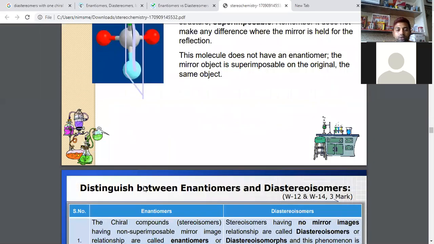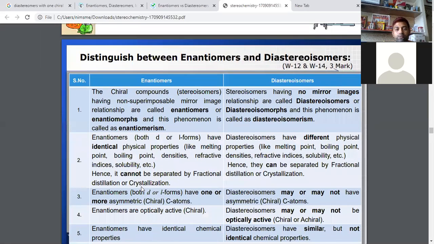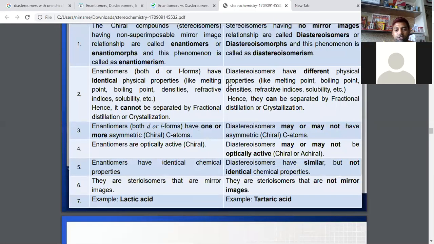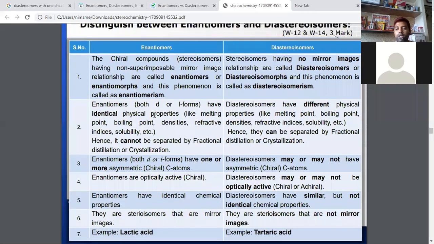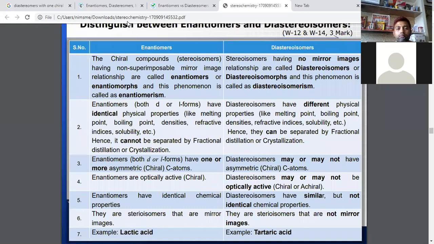Now we have to discuss the differences between enantiomers and diastereomers. Robin? Hello? Yes, sir. Have you taken a screenshot of the participants? Only 10 students are there.